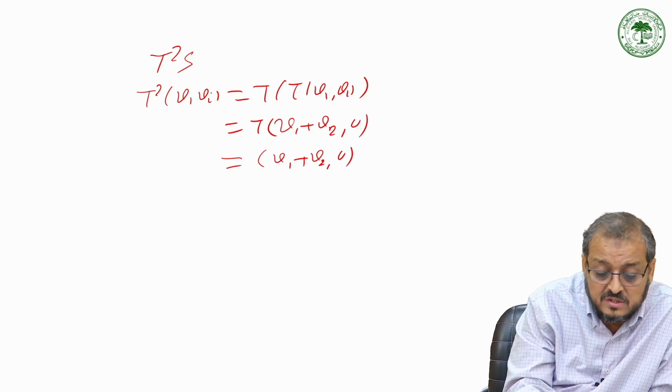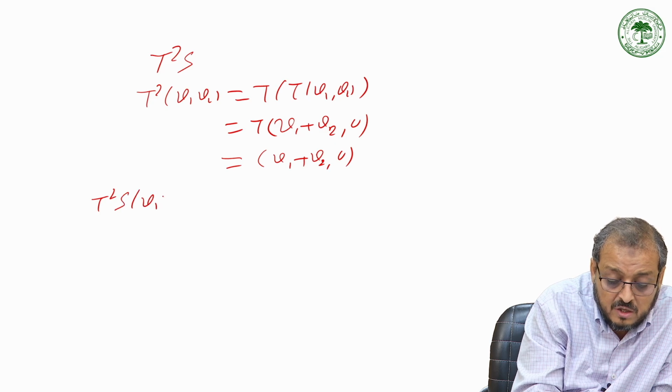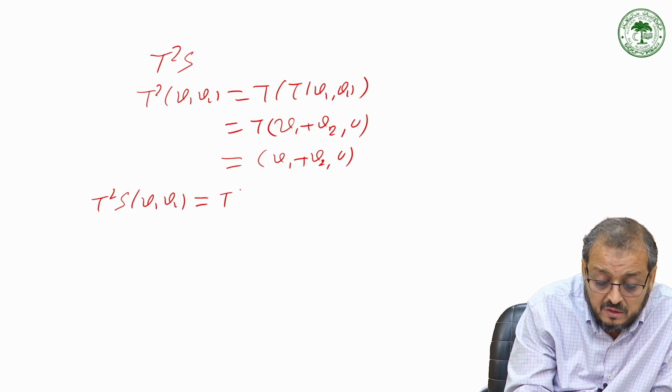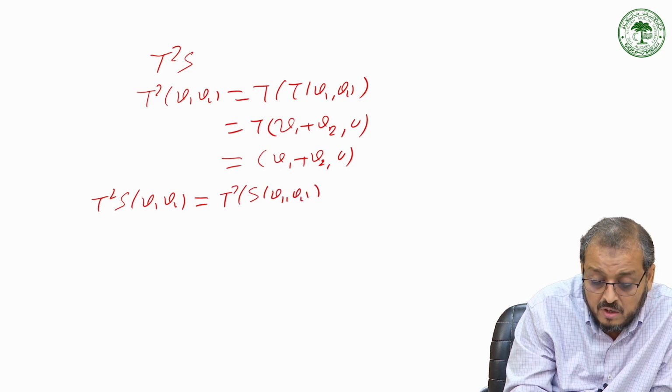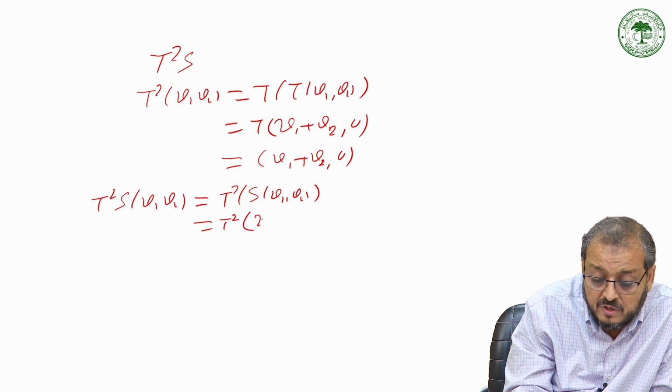So T square is equal to this. Now T square S of (V1, V2) is T square applied to S of (V1, V2), which is (2V1, 3V1 plus 4V2).